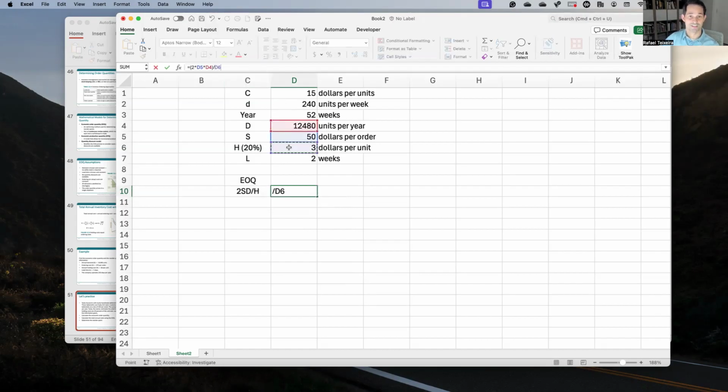H is here, not HD. Now take the square root of this big number, 2 times S times D divided by H. Okay, so this is the quantity. Let me put my optimal order quantity.